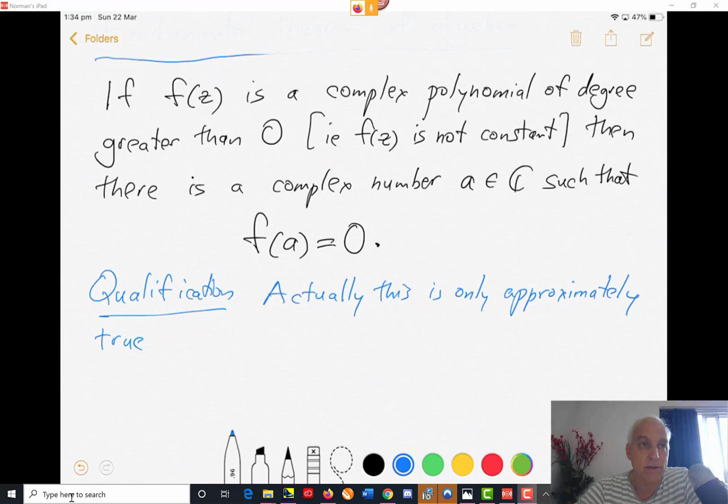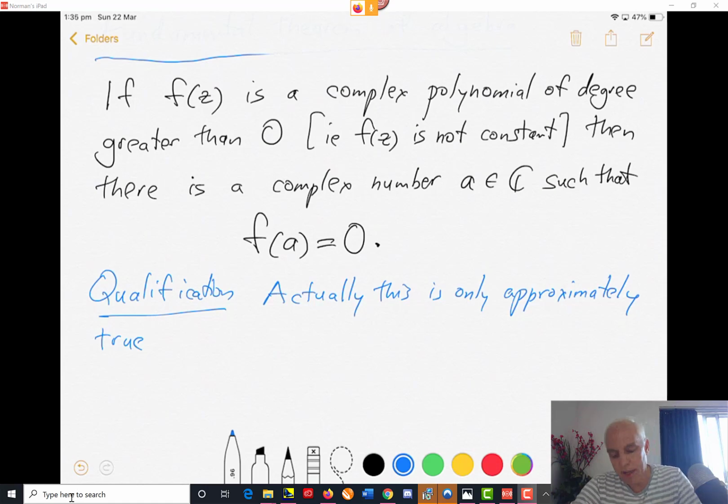Well, Euler struggled with it. Gauss gave some proofs. Other people gave proofs. Gauss came back to this theorem many times in his career. I think he realized that his proof was not really ironclad. He was always looking for a better way. And since then, many people have given proofs. And from my point of view, none of them are entirely satisfactory.